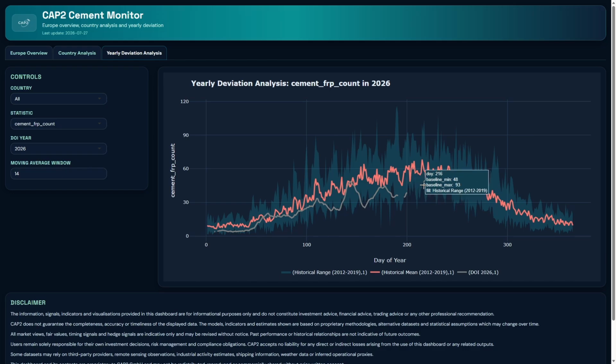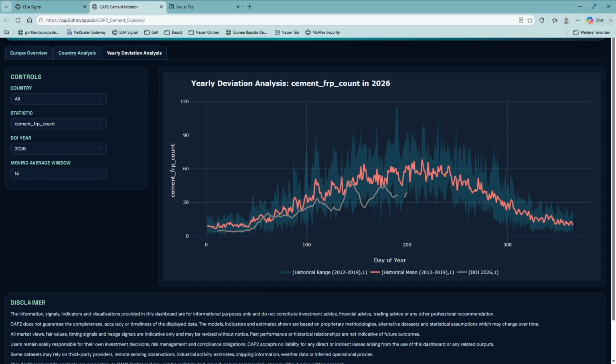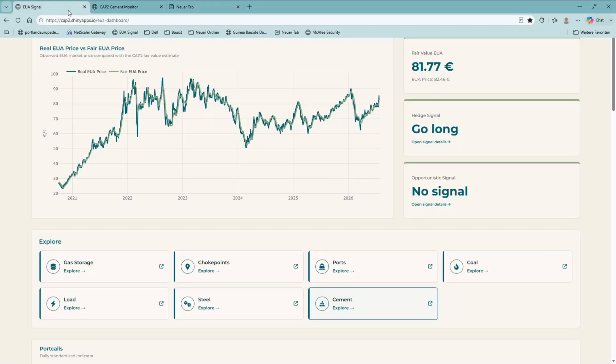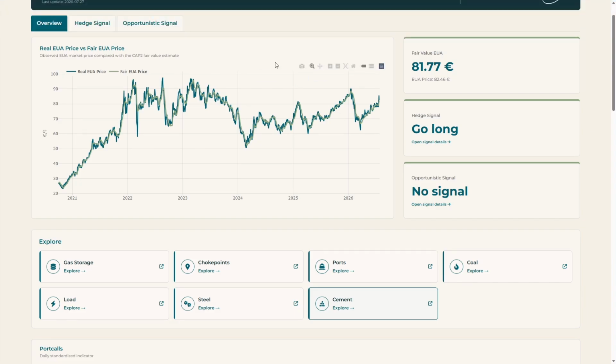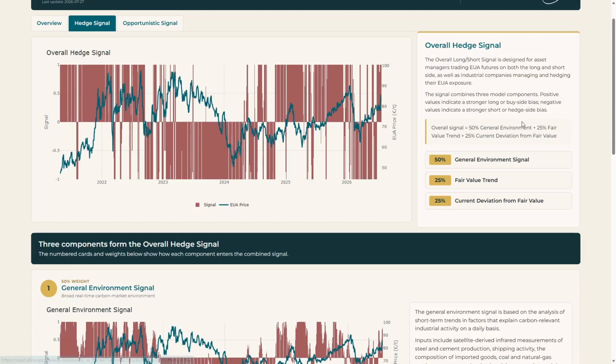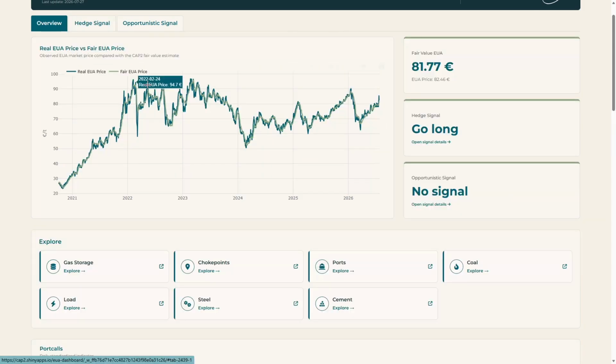We have a rather mediocre environment, and that for itself is not supportive. But as you saw a couple of seconds ago, when it comes to the overall signal, that was positive. So even though cement for itself has a negative trend, the overall general environment signal is quite okay.